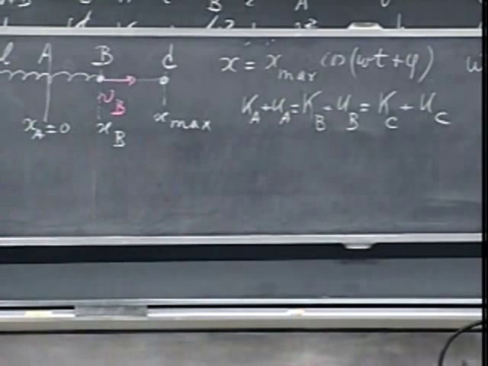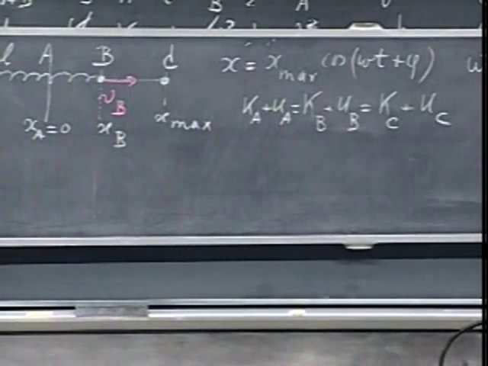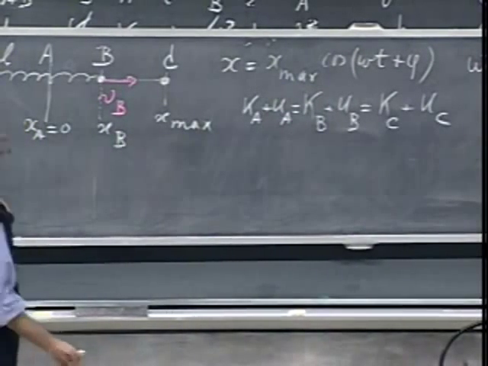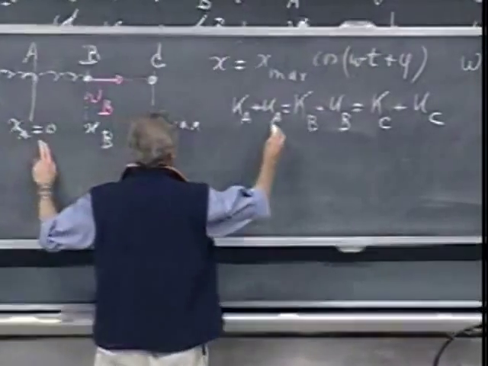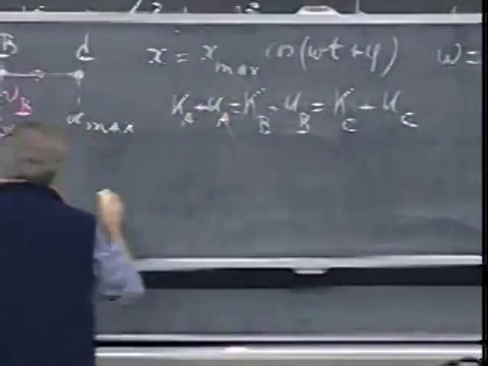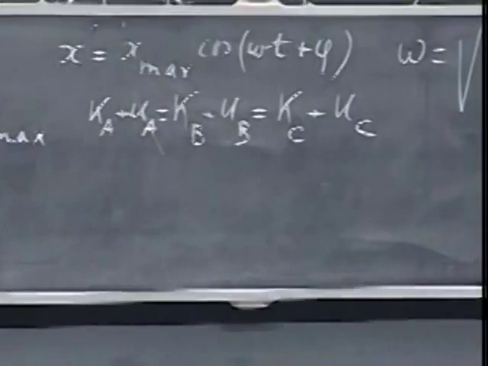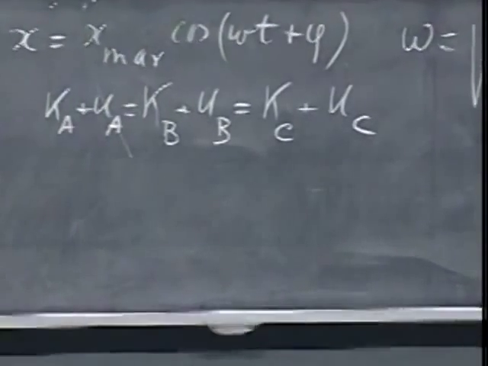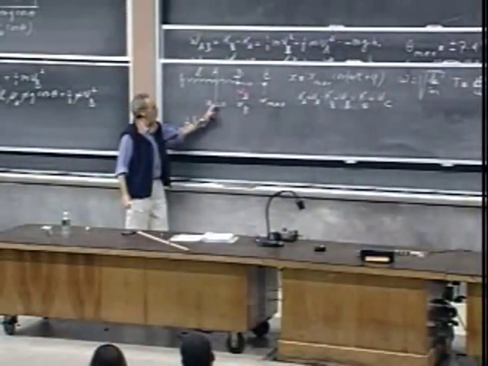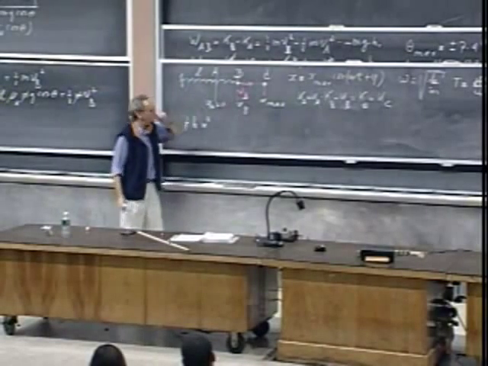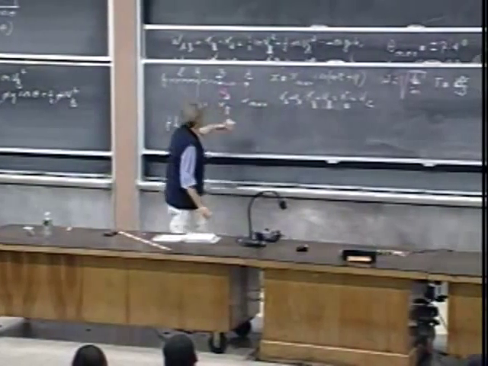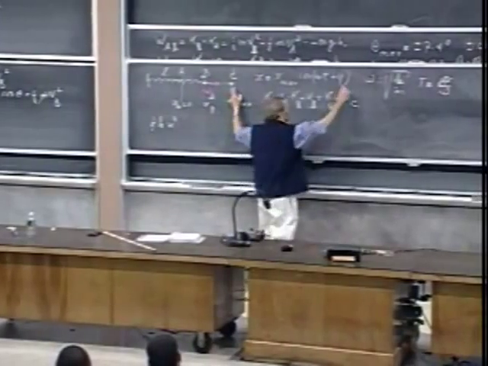There's no friction, there are no non-conservative forces, so this has got to work. Well, the potential energy at A is 0, because remember, the potential energy of a spring is 1/2 kx squared, if x is the displacement from its relaxed position. So this is 0.